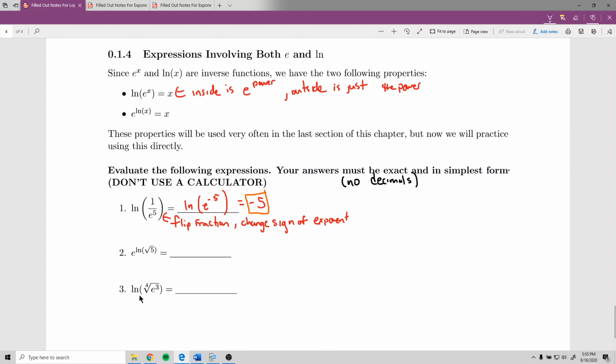Right. I might as well jump down to the third one since it uses the same property, and then I'll go back to the second one. So the third one, ln of the fourth root of e cubed. We know that radicals are the same thing as exponents with fractions, so change radical to an exponent.